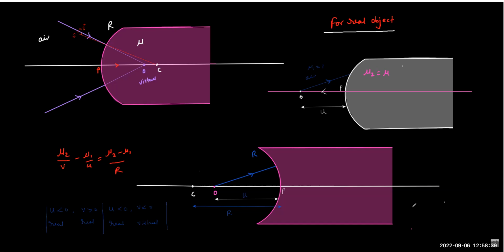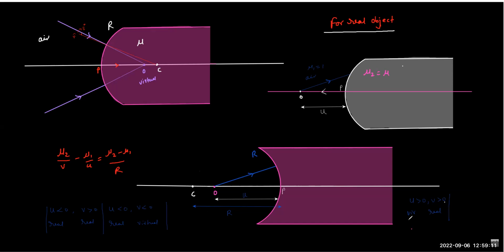Let's make some more. If u is positive and v is positive, virtual, real. So what is the condition for a real image? You can see if u is negative and v is also negative, the object and image are on the same side.